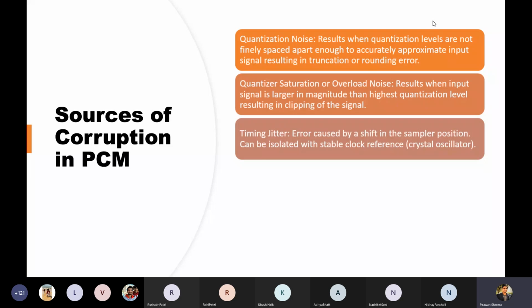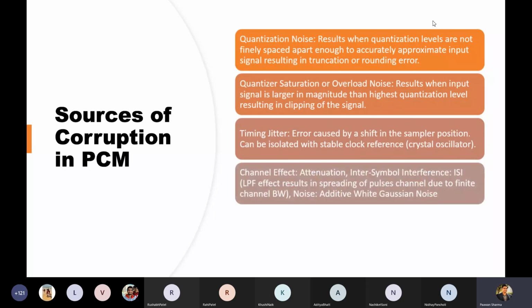For that, there should not be any shift in the sampling time instance. That can be done with a stable clock reference. How can we get a stable clock reference? By getting best quality oscillators. Crystal oscillators are the best in their performance.